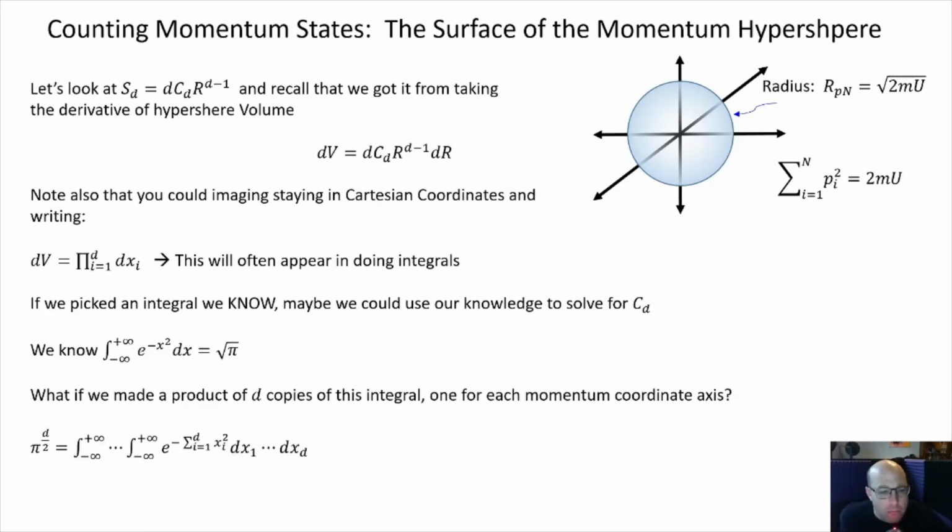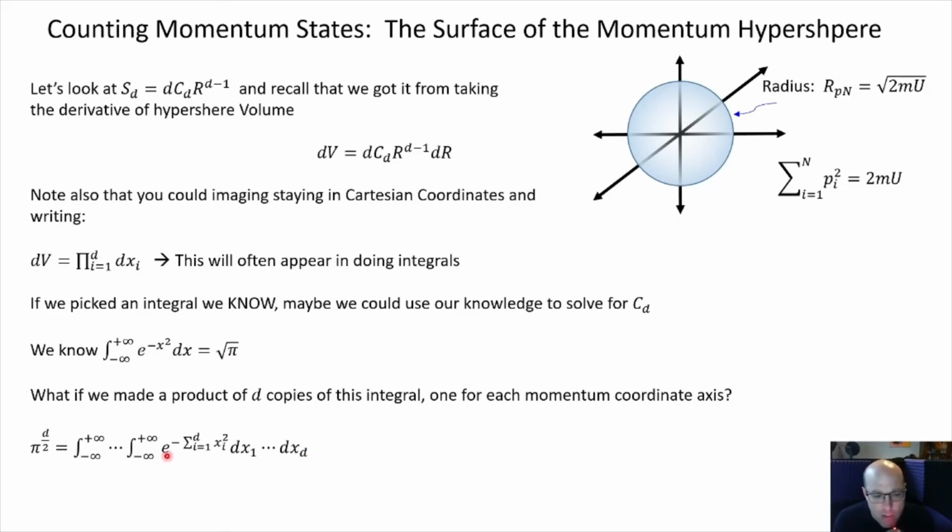What if we made a product of d copies of this integral, one for each momentum coordinate axis? In this case we're thinking about arbitrary dimension d, but one for each coordinate axis, okay? It's kind of the same as how we made two copies to deal with the Cartesian plane in order to get this answer in the first place. Only now we're going to do it for d copies.